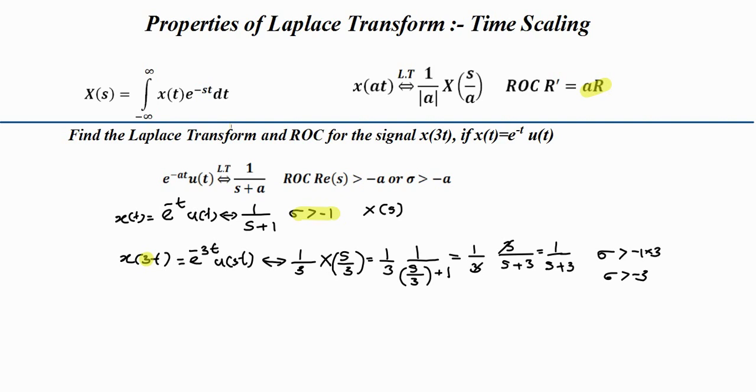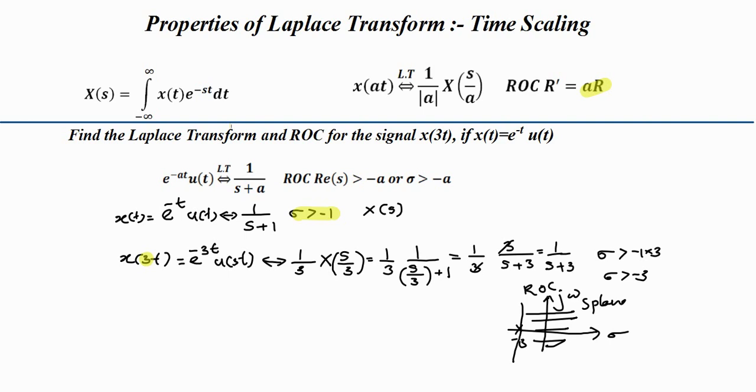So we can plot the ROC like this. This is the sigma axis and this is the j omega axis, and this is the point minus 3, and the ROC is sigma greater than minus 3. So in this plane, if sigma is greater than minus 3, the transform exists.